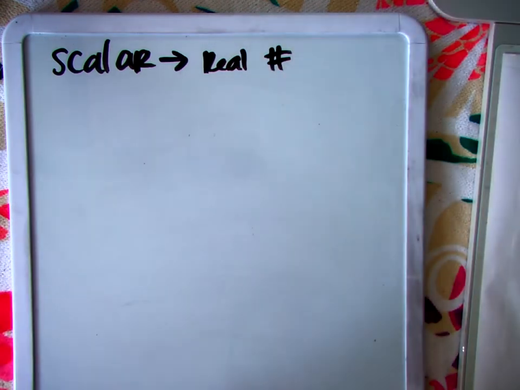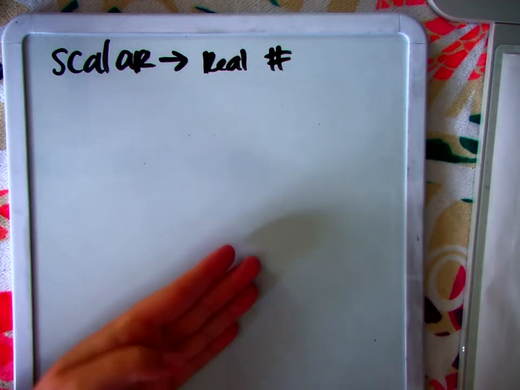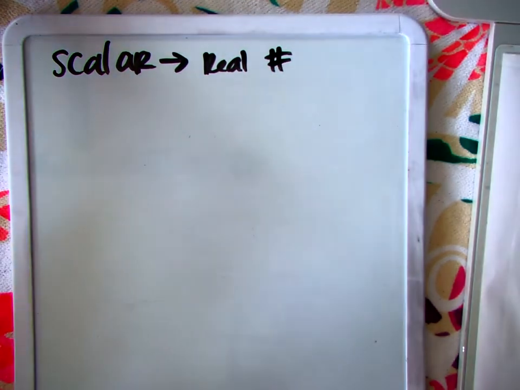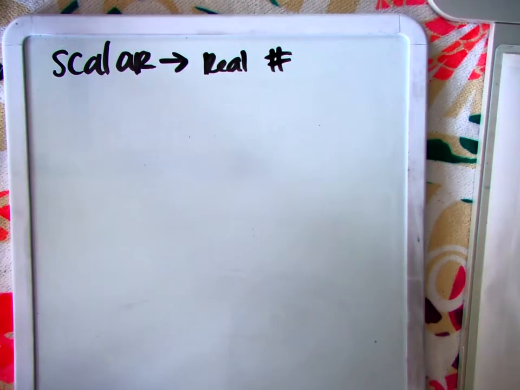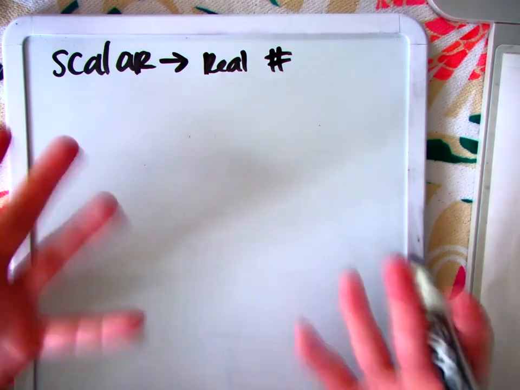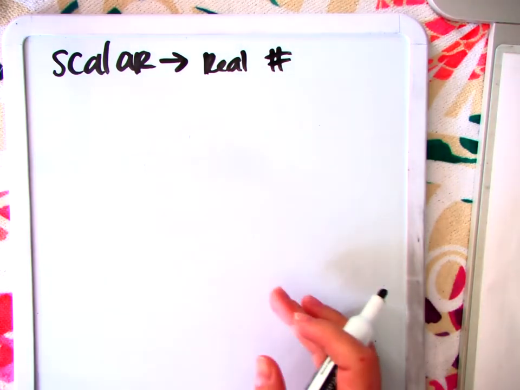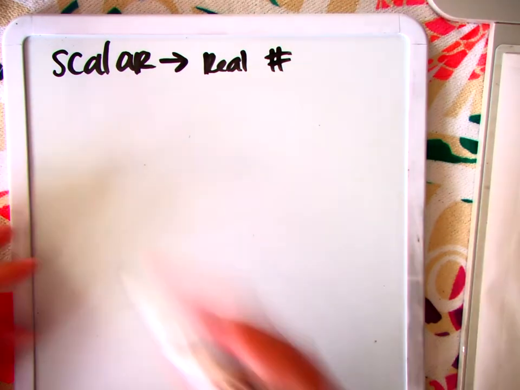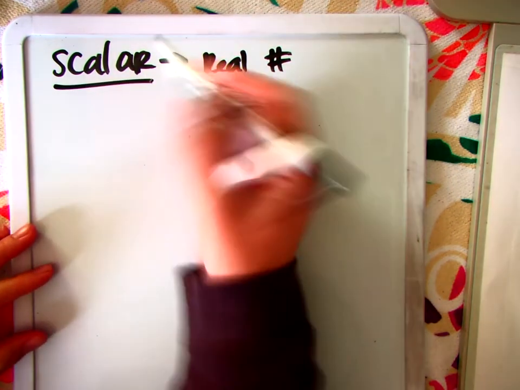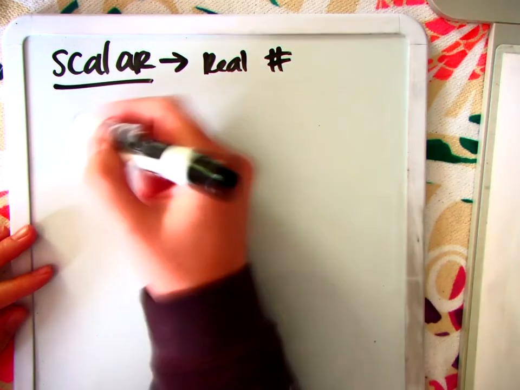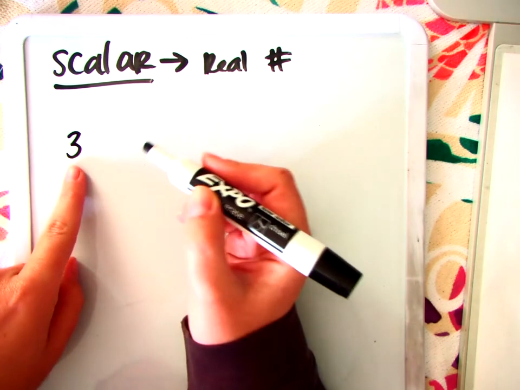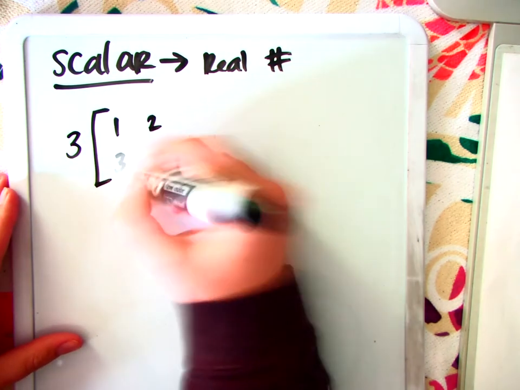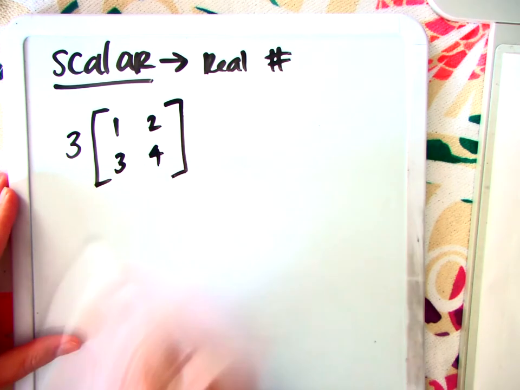A matrix, while it can be made up of real numbers, is obviously not a real number. It's a conceptual organization, right? It's an array of numbers. So can we take a matrix and multiply it by a scalar? Of course. Let's say 3 is my scalar, and I'm going to multiply it by this 2 by 2 matrix, okay?